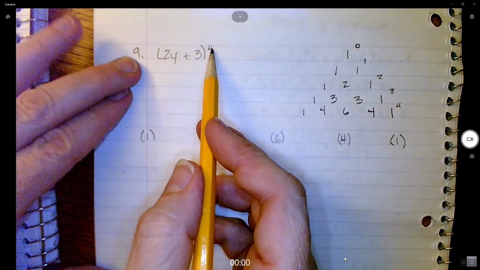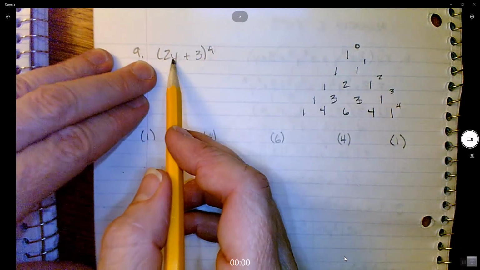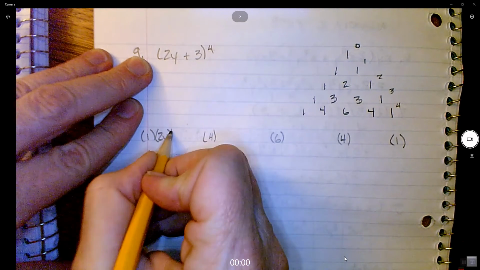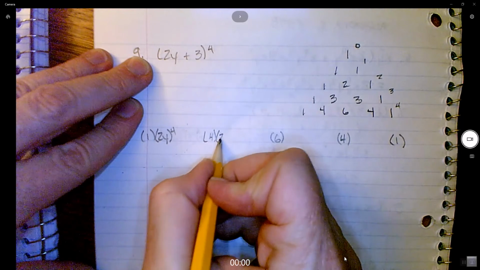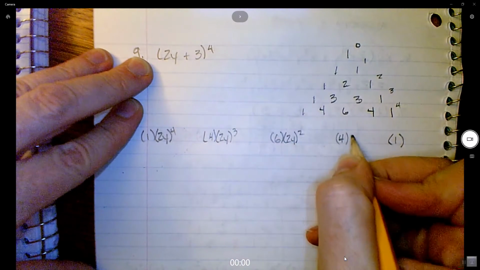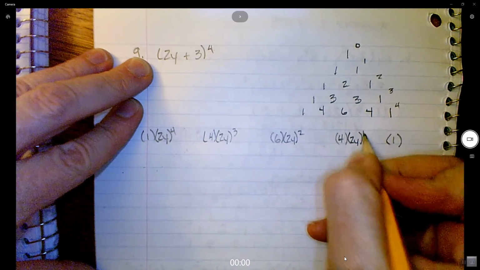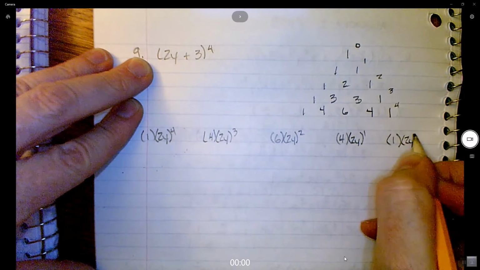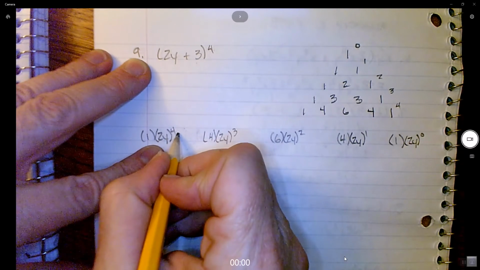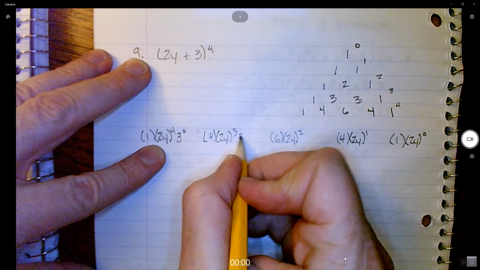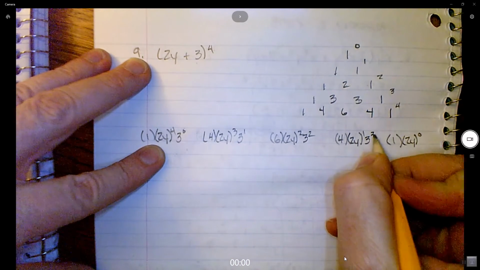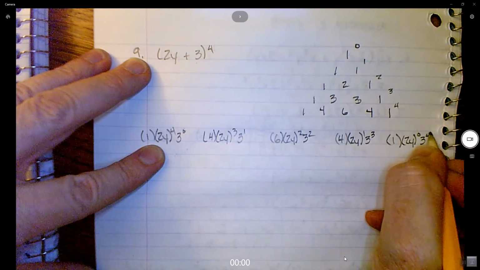Okay, so I'm going to do this fourth power with my 2y term first, and then 2y to the third, and then 2y squared, and then 2y to the first, and then 2y to the 0, and then backwards for my second term, we'll start with 3 to the 0, and then 3 to the 1, 3 squared, 3 cubed, and 3 to the fourth power.